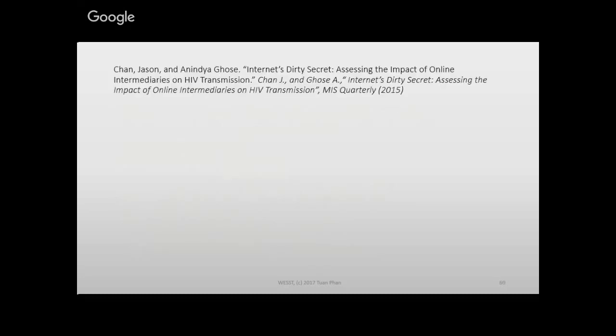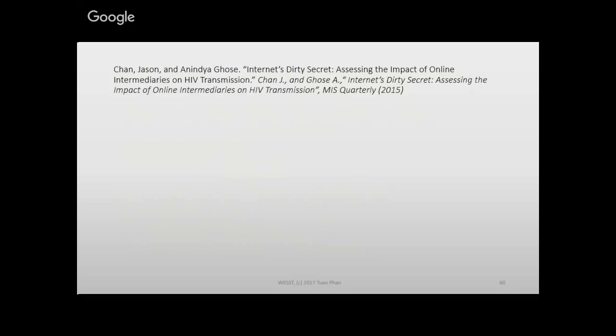Okay, so there's a nice example of this in this paper on how Craigslist, the classified ad site that started in '98 or something, basically found that Craigslist causes STDs in cities in the United States.